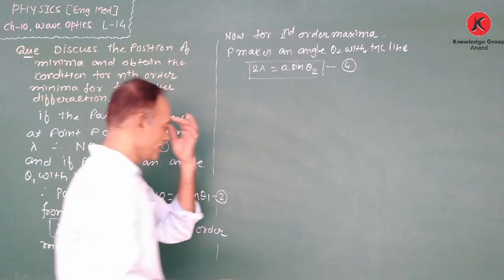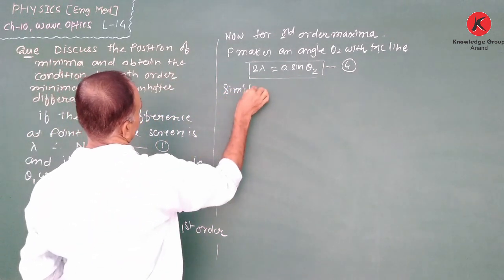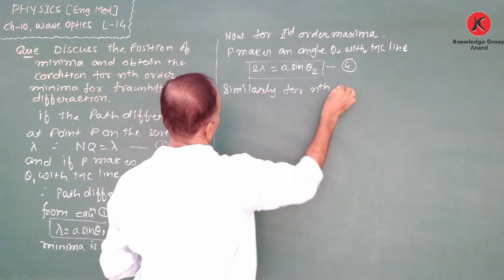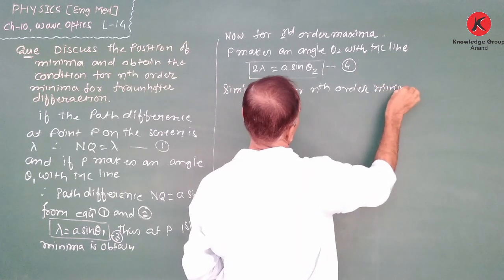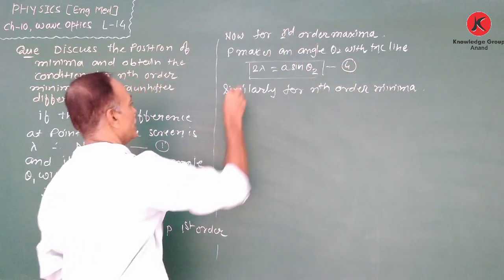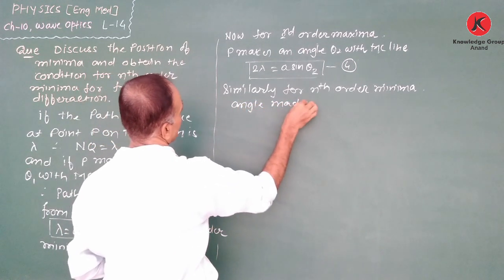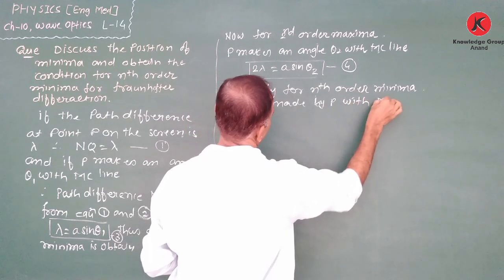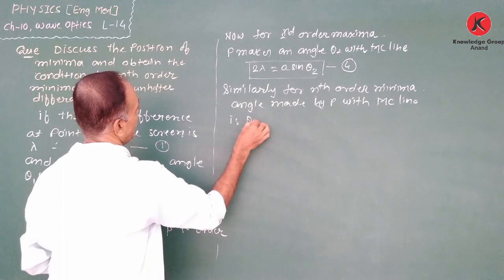Similarly, for nth order minimum, the angle made by P with the MC line is theta n.